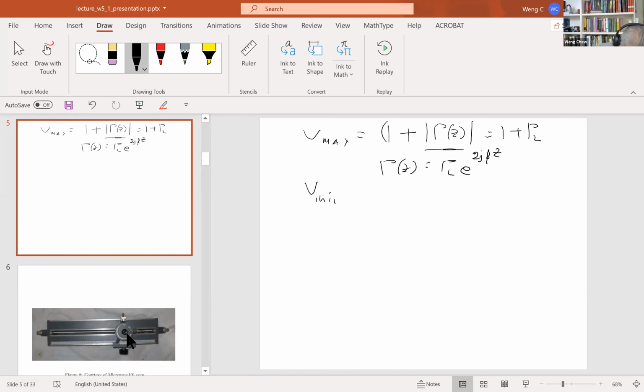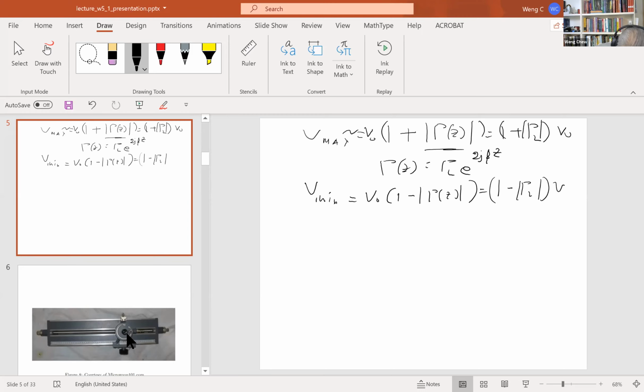There should be a V naught here, since it's proportional to this. And then V min would be the same thing, V naught, but when gamma Z assumes a negative sign, V naught times 1 minus gamma L.